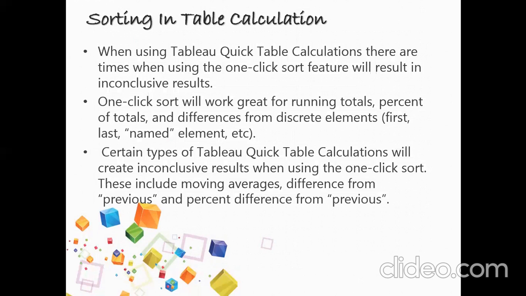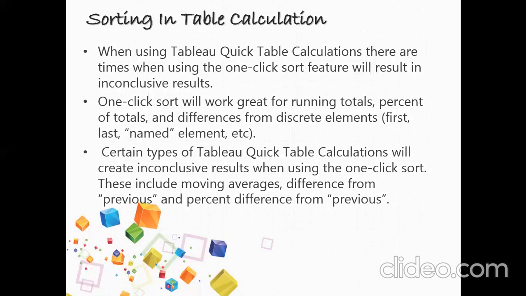But table calculations involving averages, difference from previous, and percentage difference always fail your one-click sort. When we take up the theory, it becomes easy to pinpoint where the sort works and where it doesn't. But when you actually sit down to work in Tableau, it's not easy to remember all these small basic things, and they play a very important role in Tableau performance.